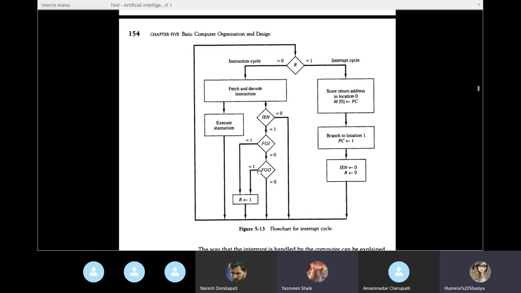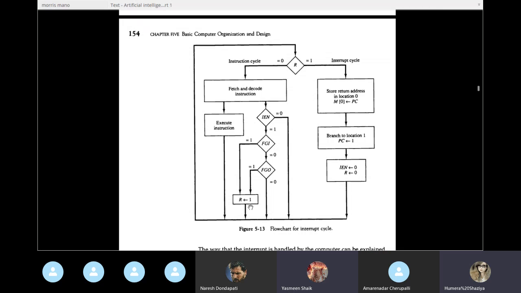If it is 0, you check whether the output flag is 1. If the output flag is 1, it means you have to perform the interrupt cycle. And then you set flag R to 1. Whenever you set flag R to 1, the interrupt cycle is executed.